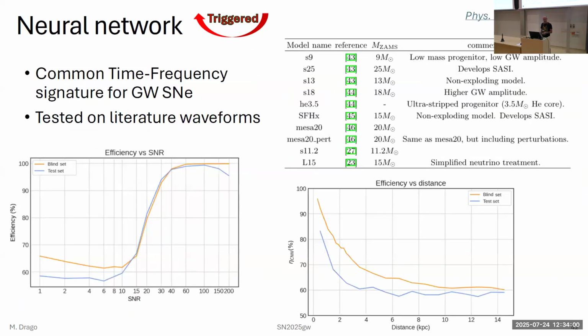And then, of course, they are also tested on literature waveforms to see if just using these approximate models can also detect the real signals coming from the numerical simulations. And the results are promising.